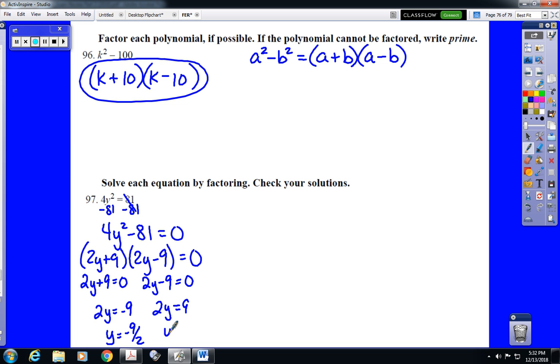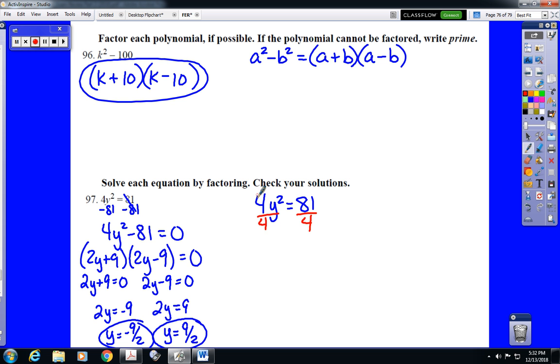I would then solve each of those, and that would give me negative 9 halves and positive 9 halves, which is actually the long way to do this problem, because if we simply take that equation, 4y squared equals 81, it doesn't have a b term, which means we can solve this problem with square roots.